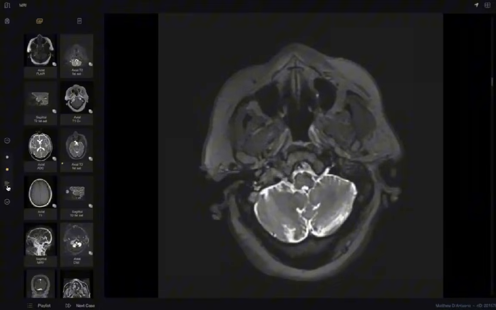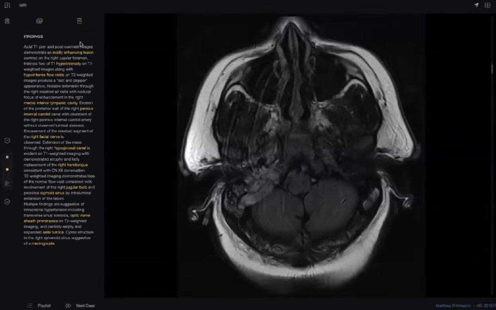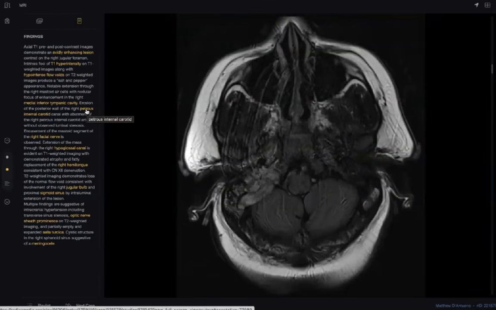By the way, this is the answer: tympanicum paraganglioma. But I think in the description they didn't mention anything except erosion of the posterior wall of the petrous bone, but no true extension into the middle ear or the ear itself.